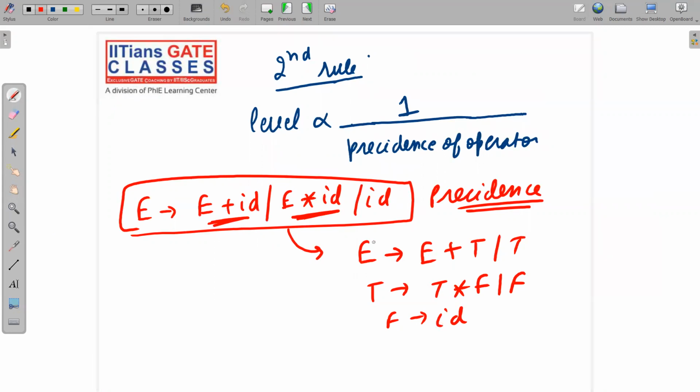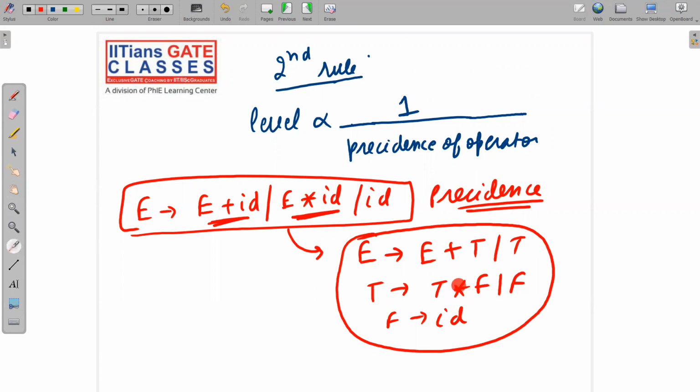Now this grammar is a perfect grammar, and according to precedence we have written this. Star is at the lower level, so it will have more precedence. Plus is at the higher level, so it will have less precedence, according to the parse tree.